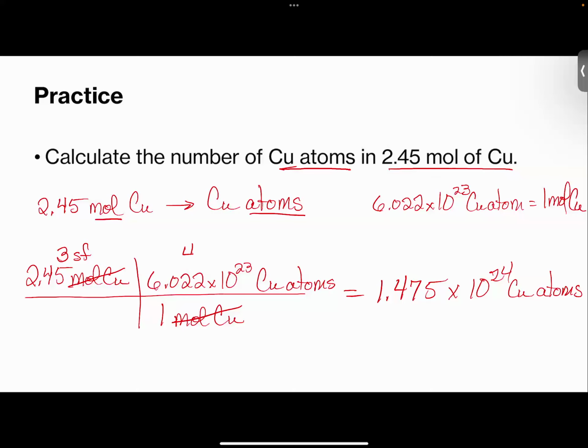So it has 4 significant digits the way I have written it. And the 1 mole portion is going to be an infinite number of significant digits. So you have 3 significant digits times 4 significant digits divided by an infinite number of significant digits. The one with the fewest is 3. So this answer can only have 3 significant digits. So we would round it to 1.48 times 10 to the 24 copper atoms.